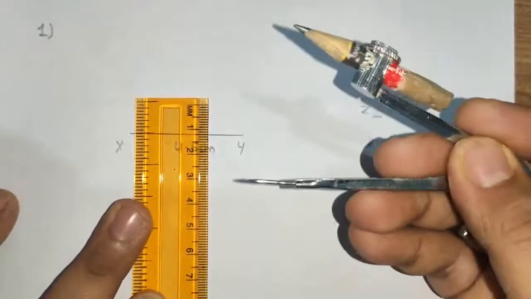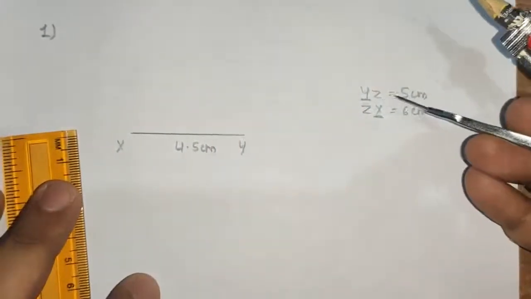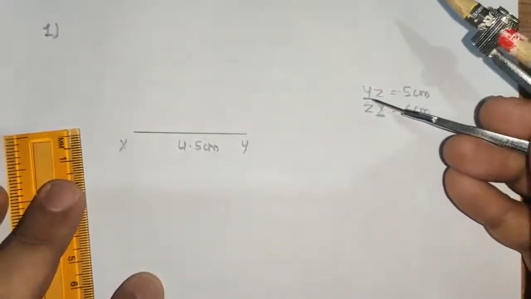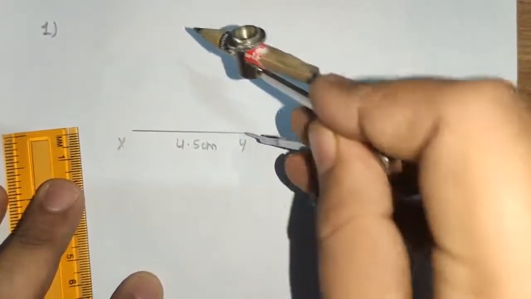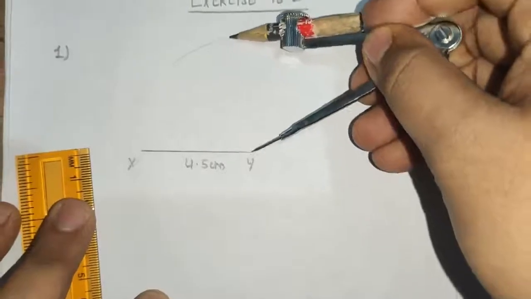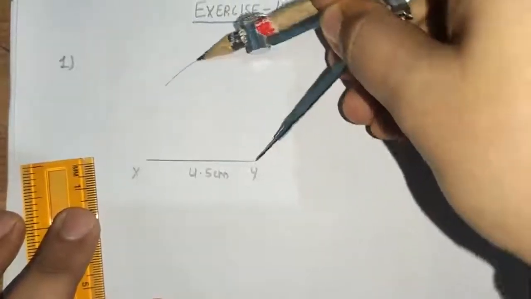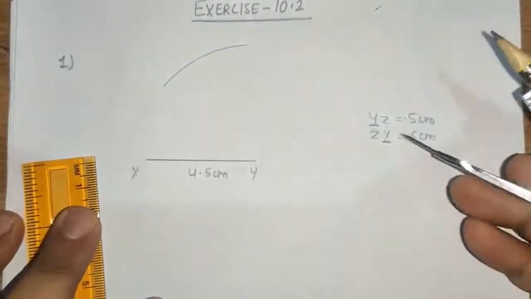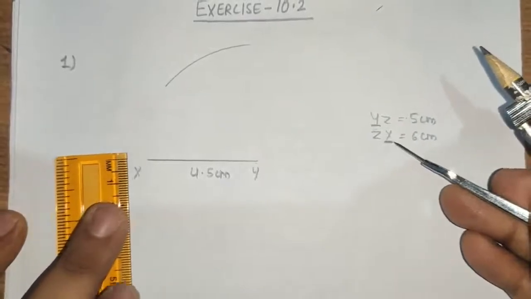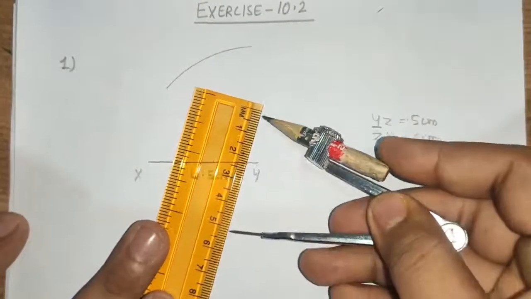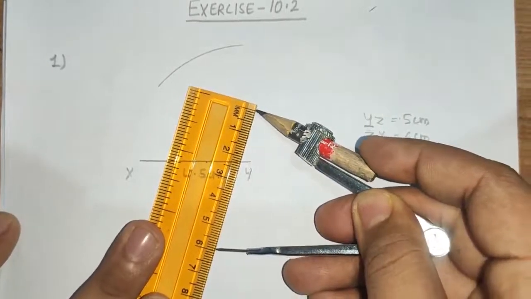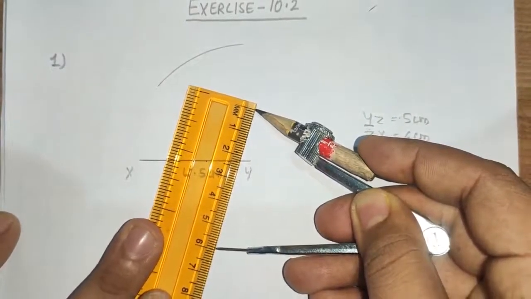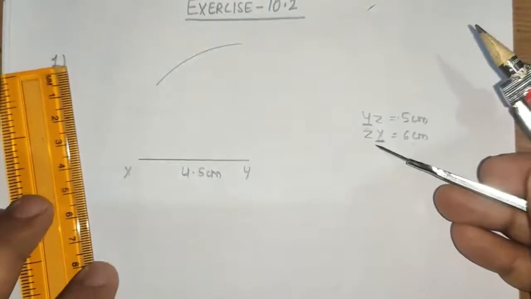Now this 5 centimeter we have taken, this is YZ, so this arc will be from Y. So from Y we will draw an arc of 5 centimeter. Now here you can see I have drawn 5 centimeter. Now here you can see ZX is 6 centimeter. So we will take 6 centimeter in your compass. Now this is 6 centimeter and this is ZX.